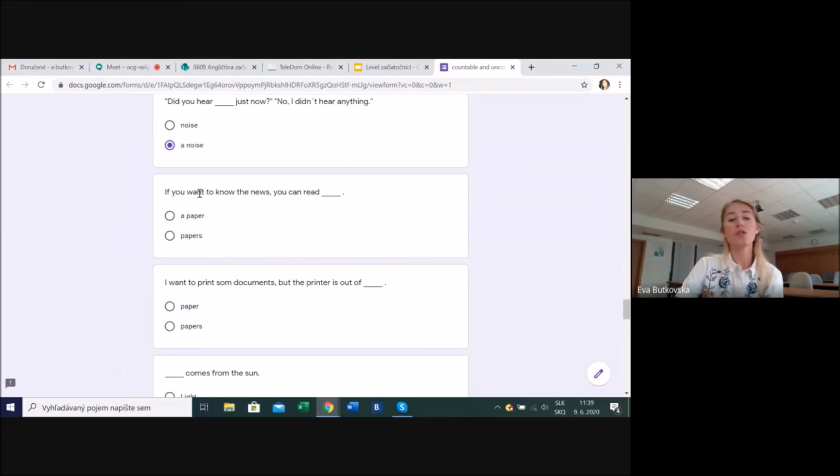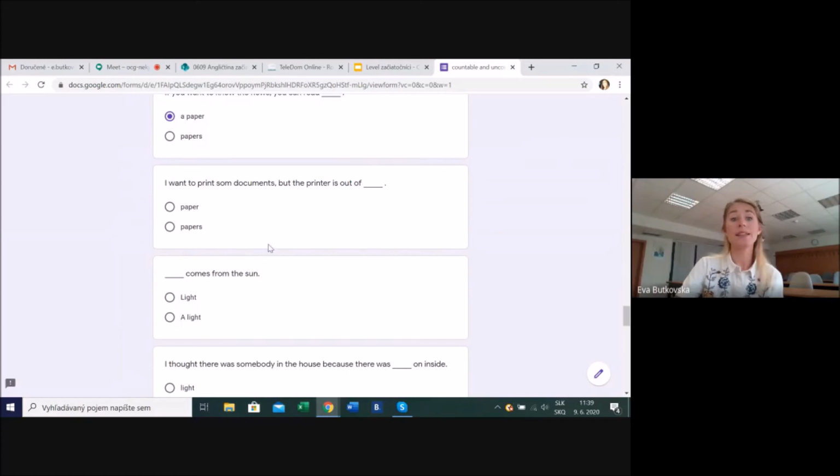If you want to know the news, you can read a paper, because I'm thinking about a newspaper, a news, okay? A paper. But in the next sentence, I want to print some documents, but the printer is out of the material, out of paper. And in this case, that's uncountable.